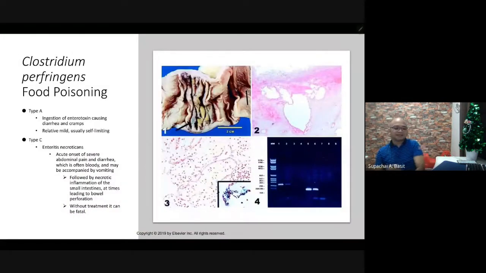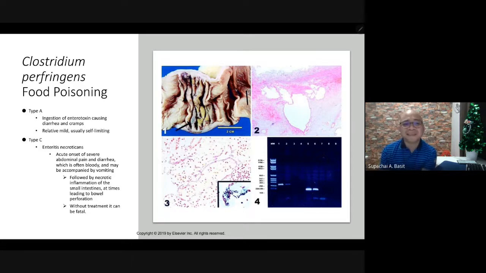So let's talk about Clostridium perfringens. Clostridium perfringens can cause food poisoning. There are several toxins that can be implicated in food poisoning, and one of them is type A. The type A enterotoxin will cause diarrhea and cramps, which are usually mild and self-limiting, meaning it can heal by itself.